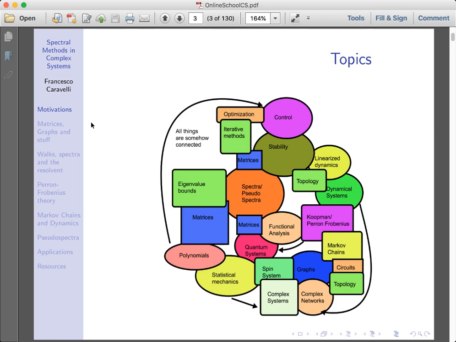Another motivation is that spectra are fairly central to many topics in the field of complexity science, and not only complexity but other disciplines such as physics, engineering, mathematics in general, economics, and so on and so forth.